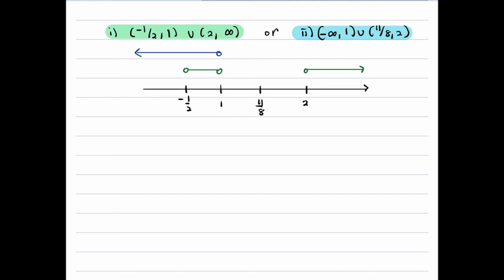Then you have 11 over 8 until 2. Now since this is OR, it means a union. So what you need to do is take everything, whether the lines are redundant, overlapping numbers or not, you have to take everything.